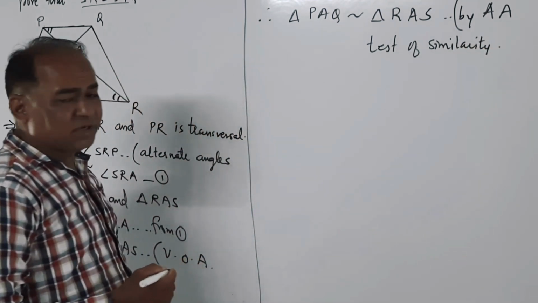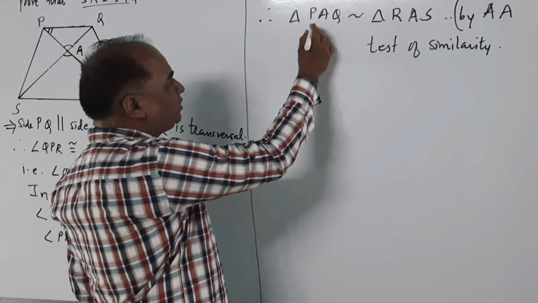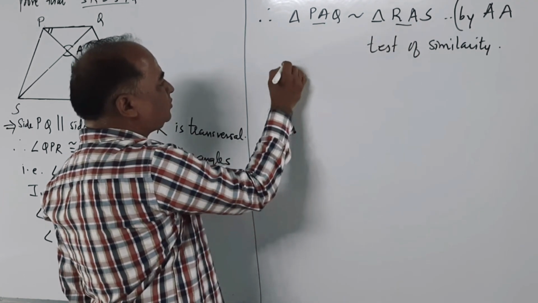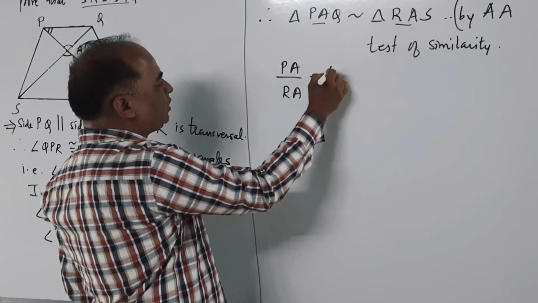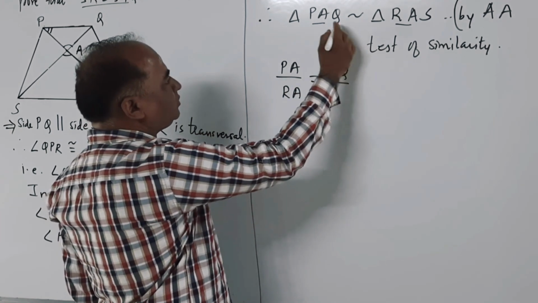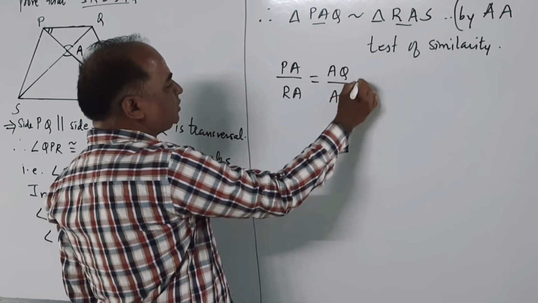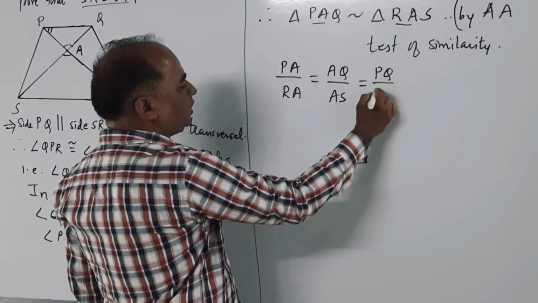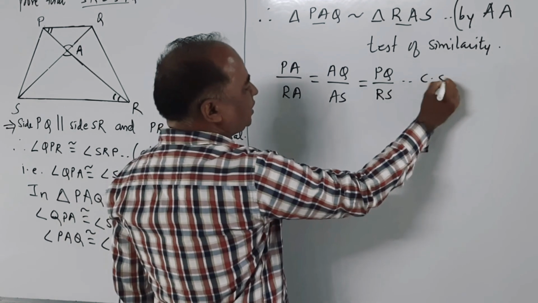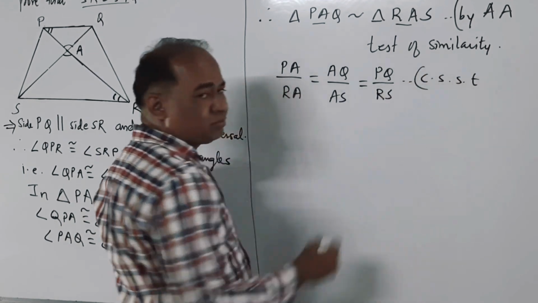Therefore, the corresponding sides of similar triangles are in proportion. Therefore, PA upon RA is equal to AQ upon AS, which is equal to PQ upon RS. Corresponding sides of similar triangles are in proportion.